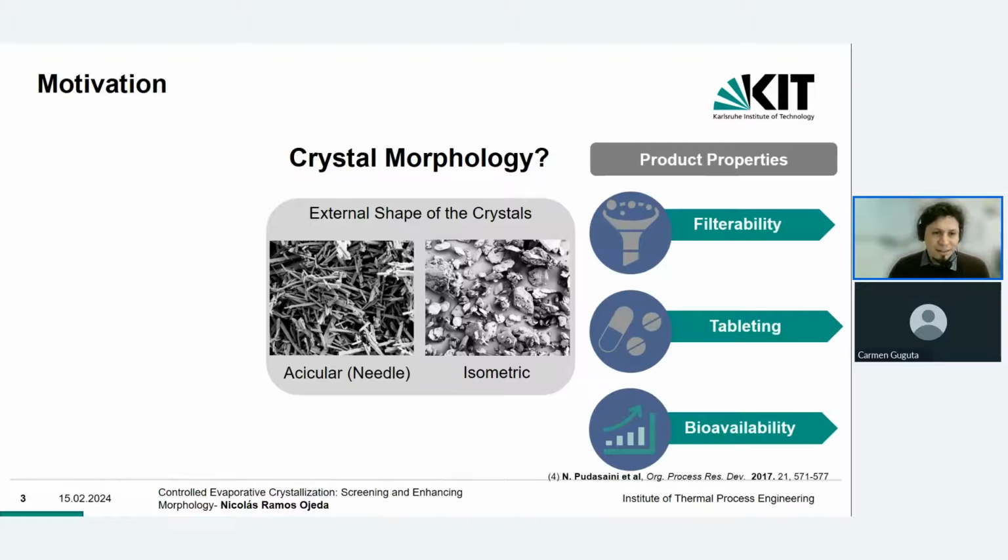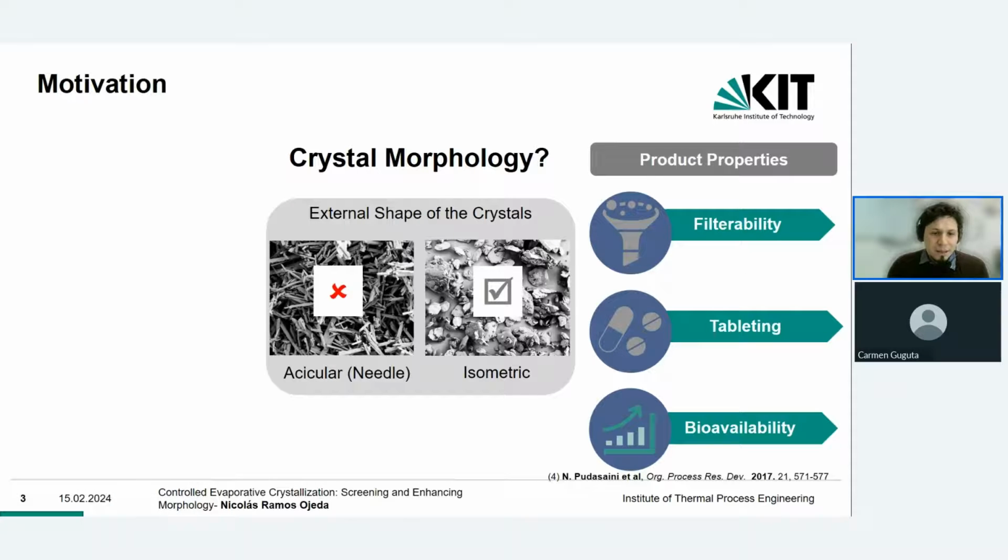And it's not just an aesthetic issue: they affect the product properties, the processability, like filterability and tableting performance, and of course, the end-use performance, like bioavailability. Usually, needle-like morphologies are undesired, while isometric shapes are favored because they exhibit superior performance in the mentioned aspects.